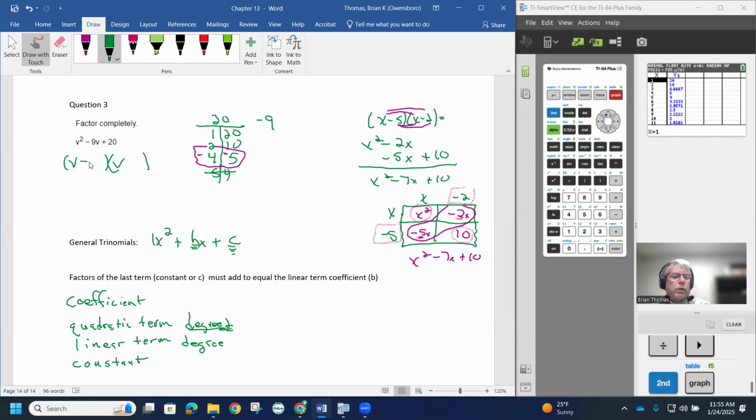So the negative 4 and the negative 5 become my completion of the factorization. So this becomes the factored form: v minus 4 becomes a factor, and v minus 5 becomes a factor, since they're connected by multiplication. Those two factors, if I multiply it back out, give me v squared minus 9v plus 20. So this is what we mean by factoring.